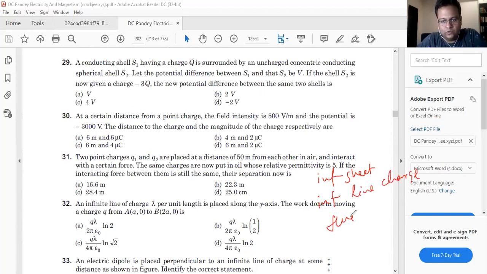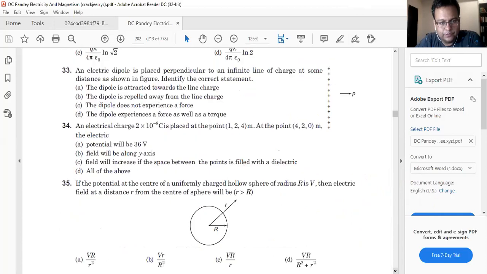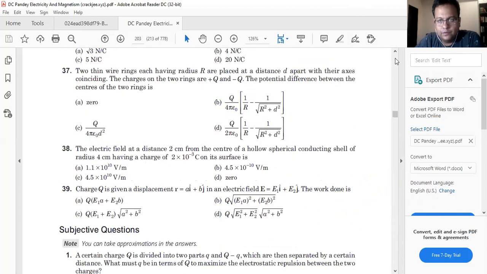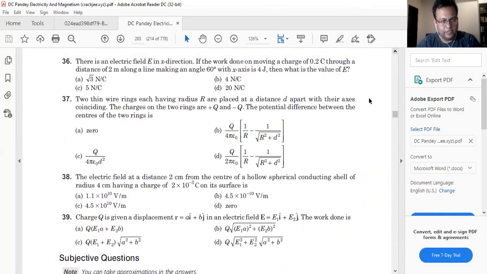All of this will be Gauss law. Solid, uniformly charged, non-conducting sphere. They're all Gauss law topics, right? Next. So 37. 33 is also the same, infinite line charge. 37, I think we are done in room session 2.